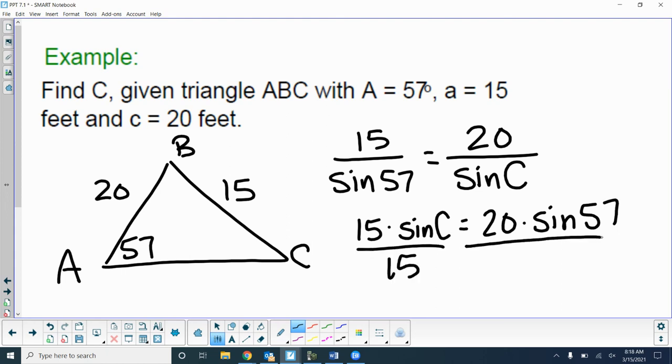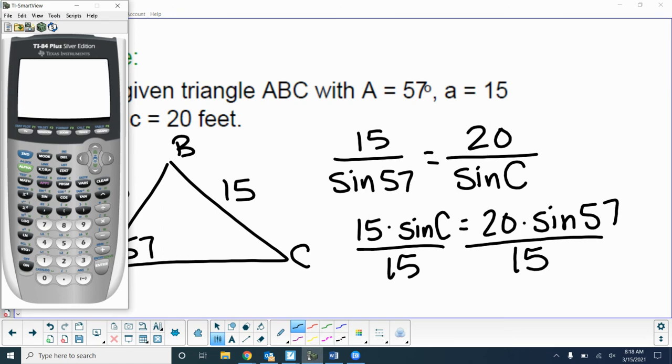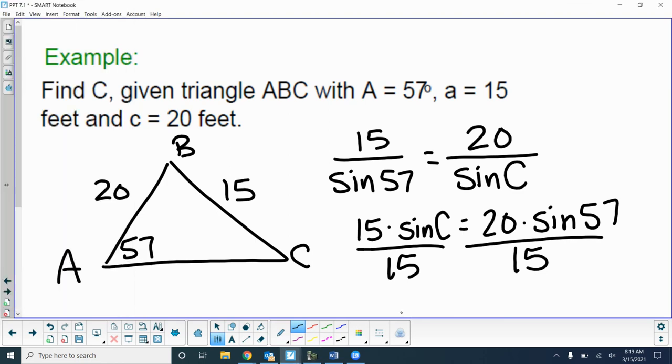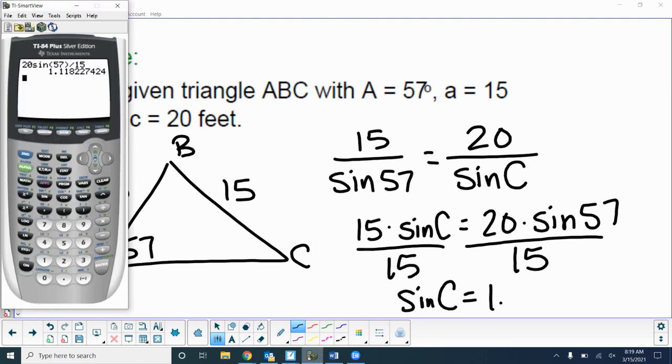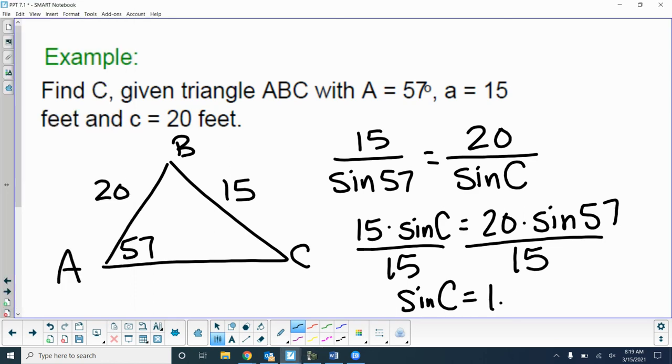Divide by 15. All right, so 20 sine of 57 divided by 15. So that's what the sine of C equals, which was 1.1182.